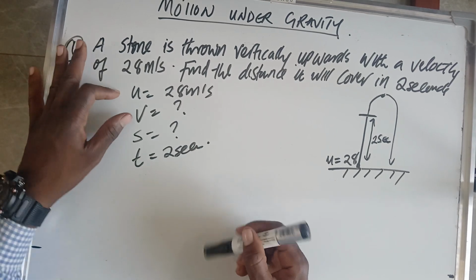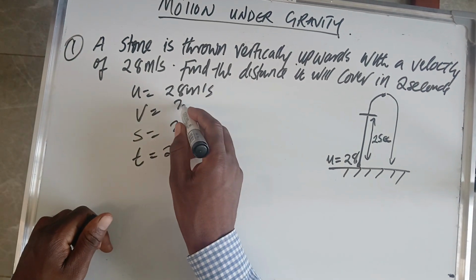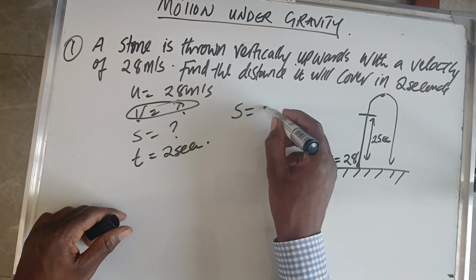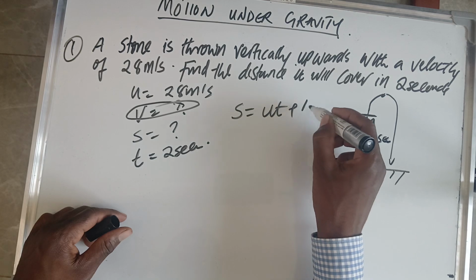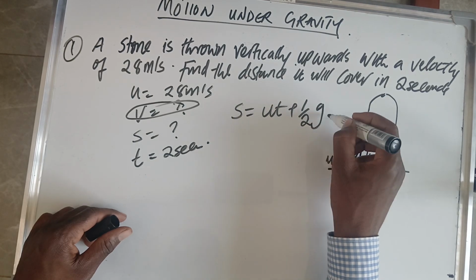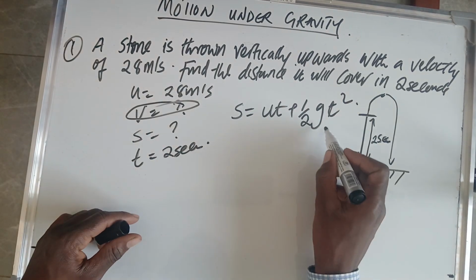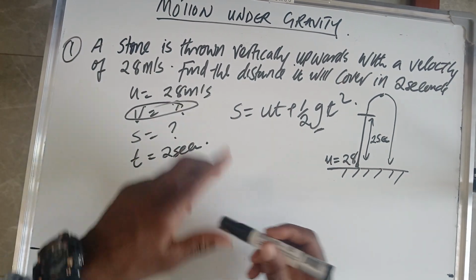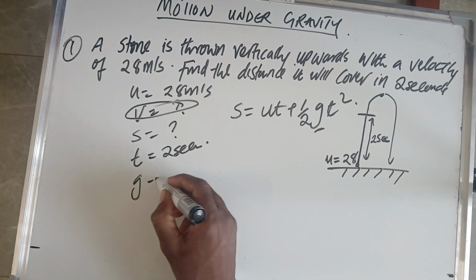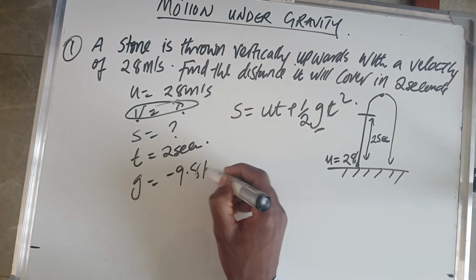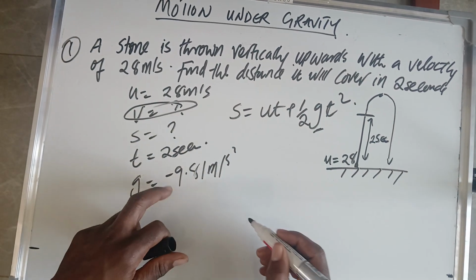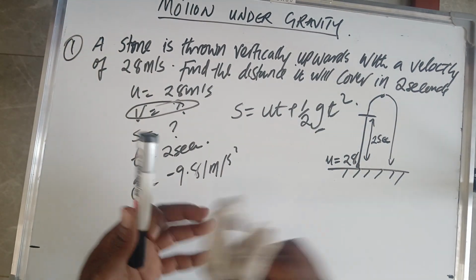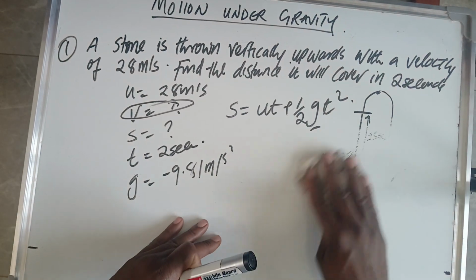Number 1, we only use the one without final velocity, which is AC is equal to UT plus half GT squared. Now, I have replaced A with G. And because it's going up, my gravity is going to be negative 9.81 meters per second squared. It's going up. Remember what we defined. So we can simply solve this one.